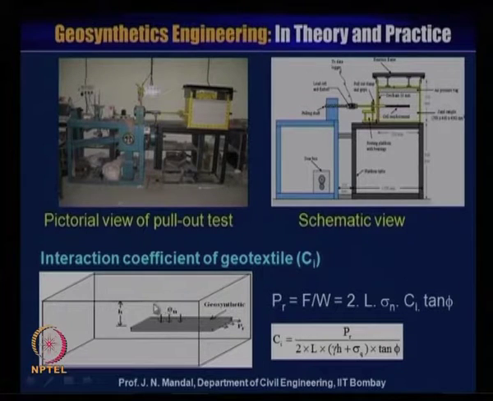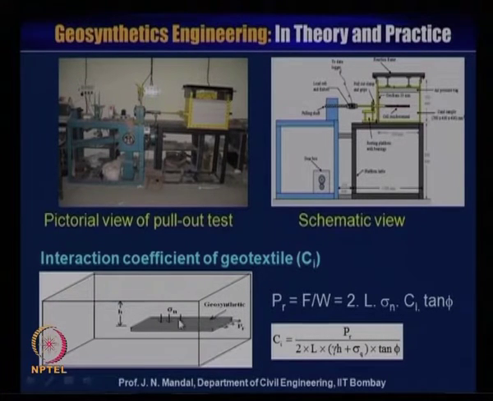If gamma is the unit weight of the soil and h is the height from the geosynthetic material to the top of the soil, then you can determine sigma n. That means sigma n is equal to gamma into h, and there will be a surcharge load, let us say sigma q. So you can write sigma n is equal to gamma h plus the surcharge load sigma q.